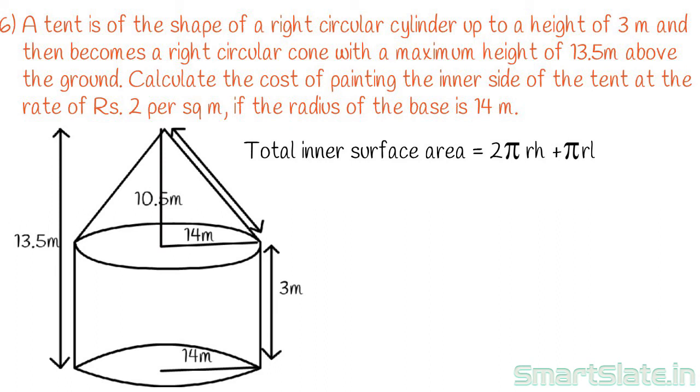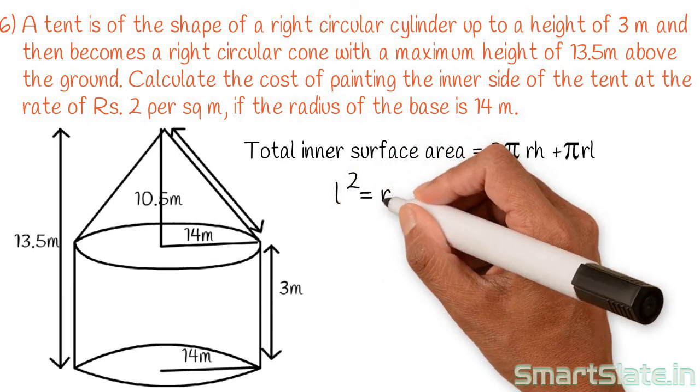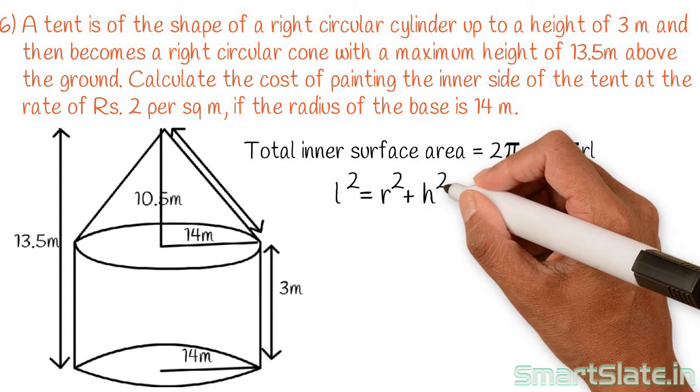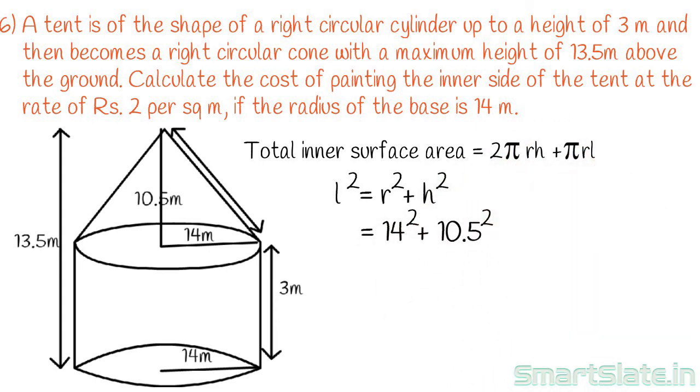Now, we have the radius and height of the cone. With these data and using the Pythagoras theorem, we can easily find the slant height L. L square is equal to R square plus H square. It is 14 square plus 10.5 square. 14 square is 196. 10.5 square is 110.25.